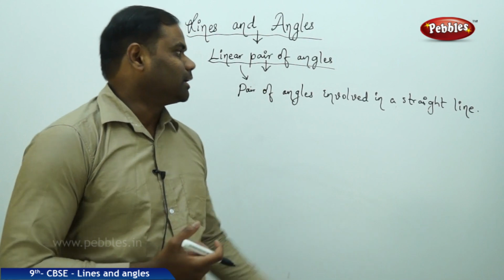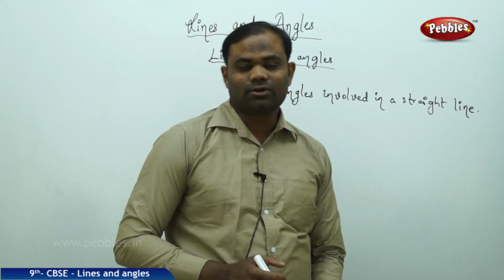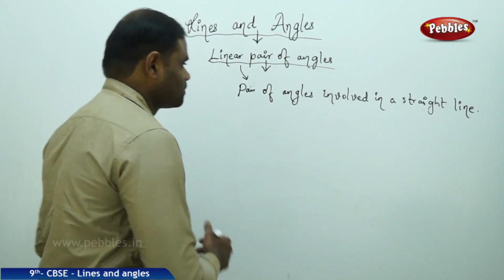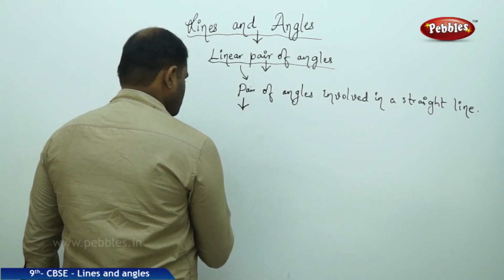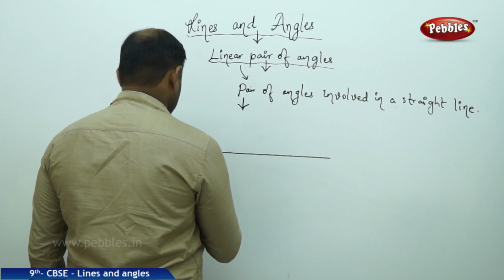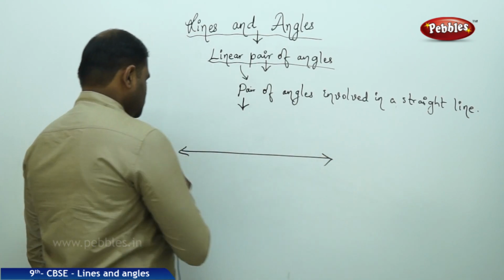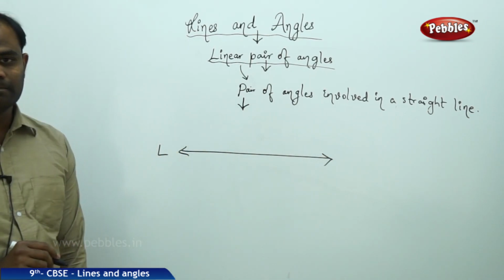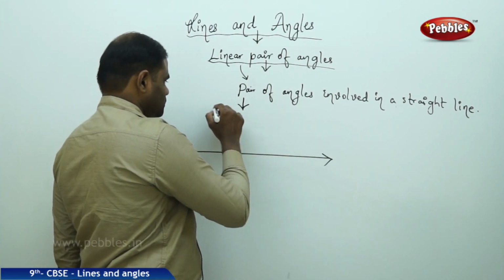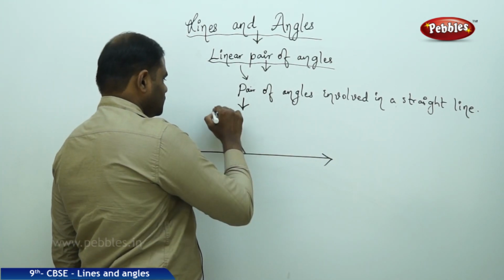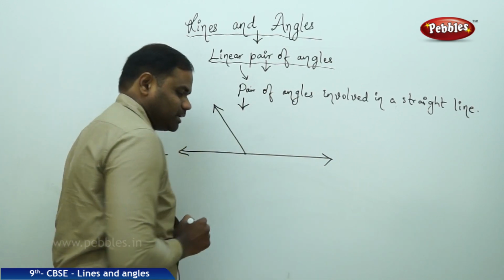In order for that, I need a straight line. So let's draw a straight line and see. I have a straight line out here represented by L. Then I have another line or a ray which makes an angle.